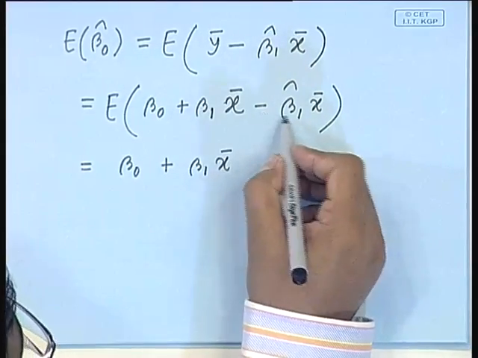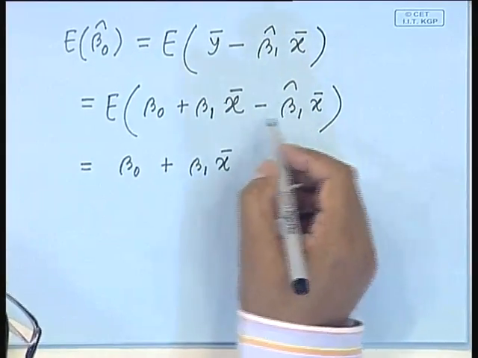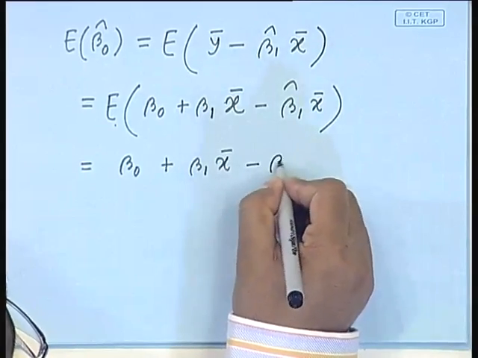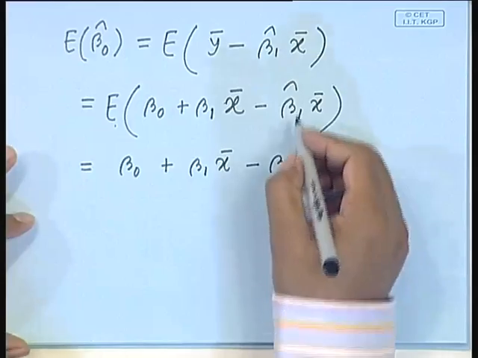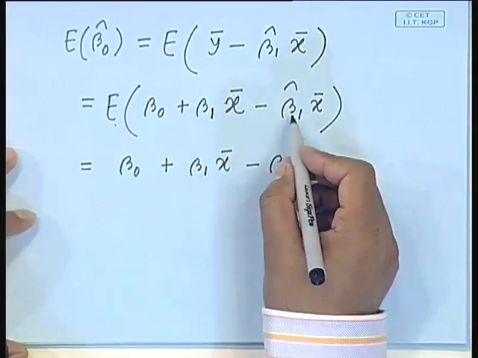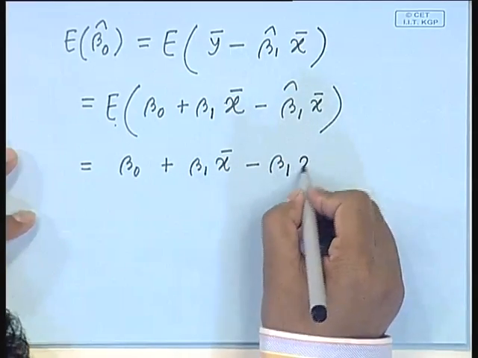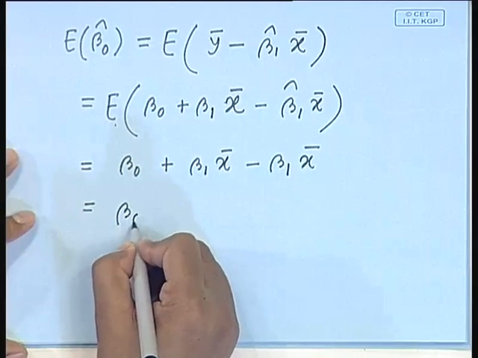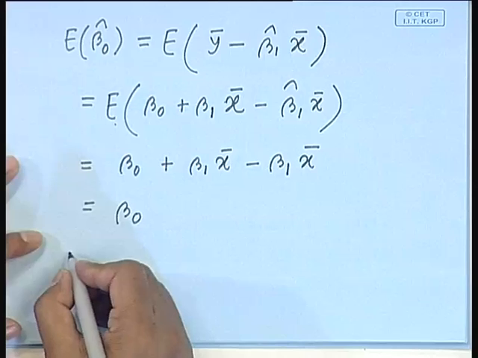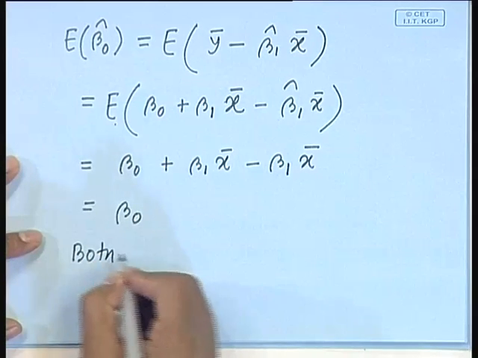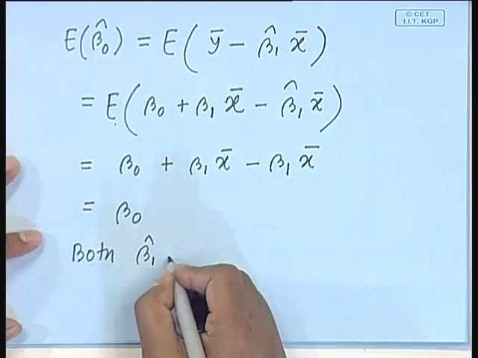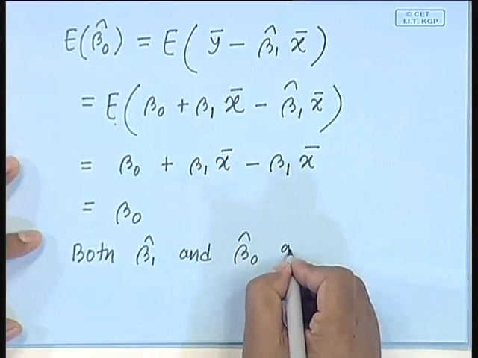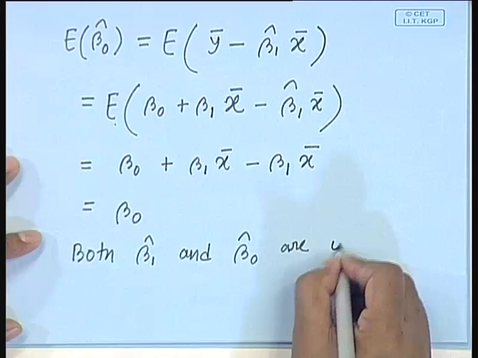Now, just now we proved that the expectation of beta 1 hat is equal to beta 1. So this is equal to beta naught. So we proved that both beta 1 hat and beta naught hat are unbiased.